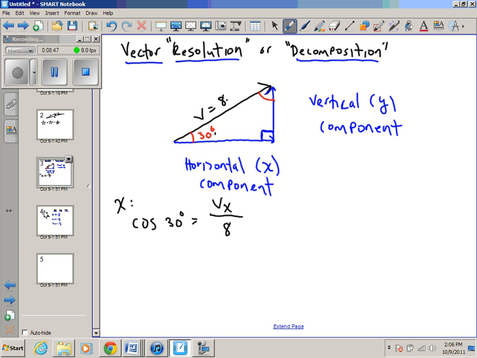Again, this horizontal component I've called v sub x. Now I just need to solve for v sub x, and hopefully you can see that v sub x, multiplying both sides by 8, is 8 cosine 30. The cosine of 30 degrees is about 0.866. So you multiply this through, and you find that v sub x equals about 6.9.